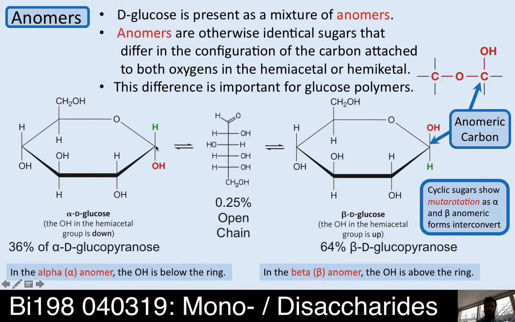You're going to end up with either alpha glucose or beta glucose. And I want you to understand that distinction. It's called the configuration around that carbon.